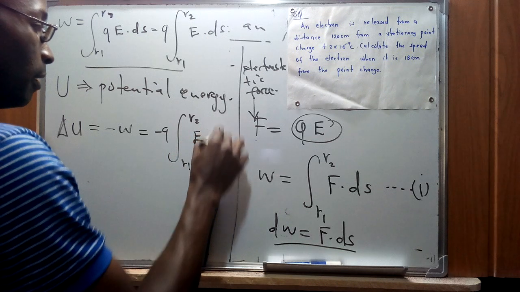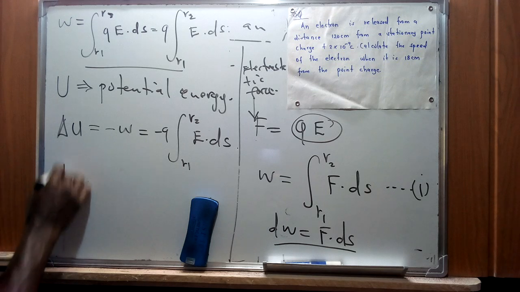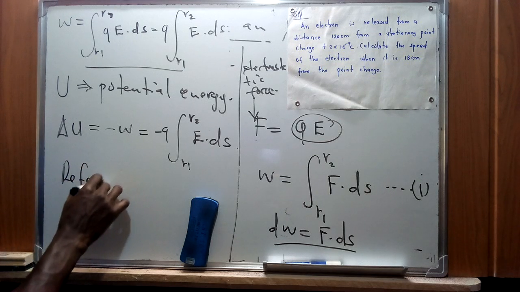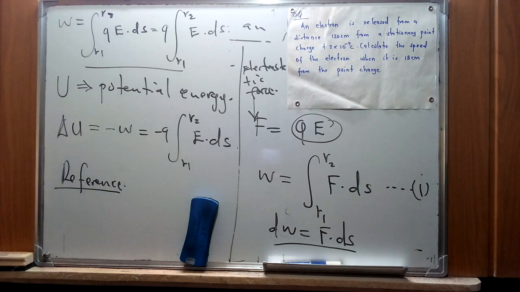E ds. And in this case, of course, we can find potential energy at a specific point by making what we call a point of reference. So in this case, we need a point of reference in order to define the potential energy involved in moving this specific particle in an environment of what we call the electric field.